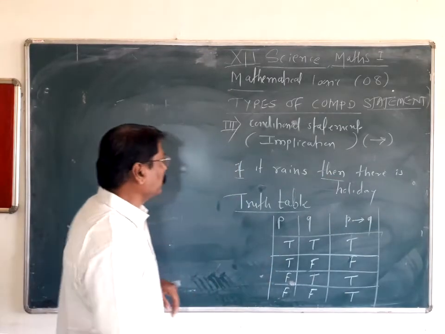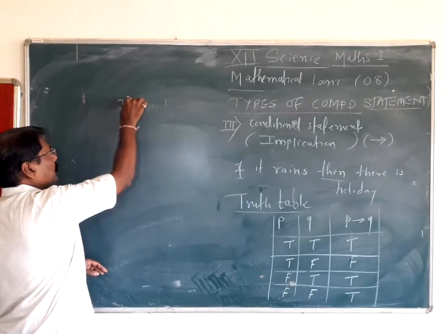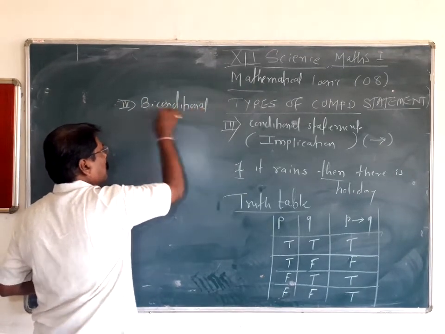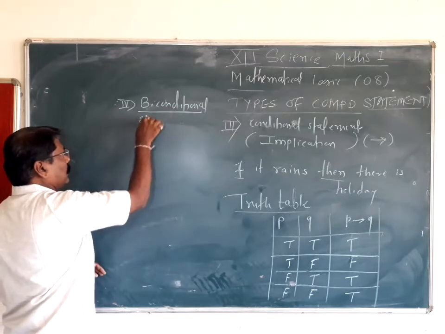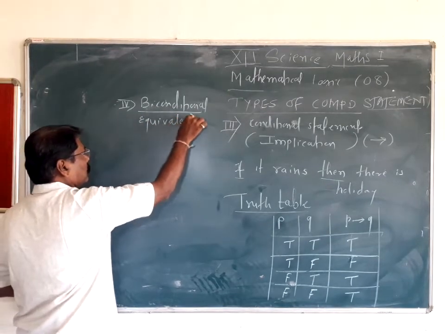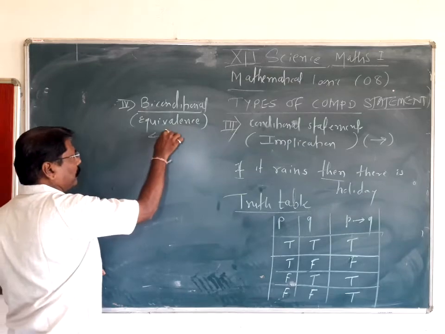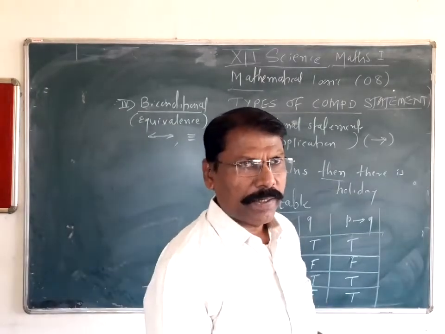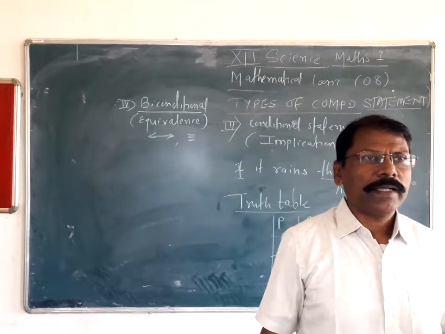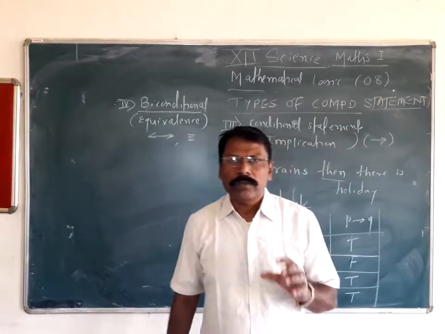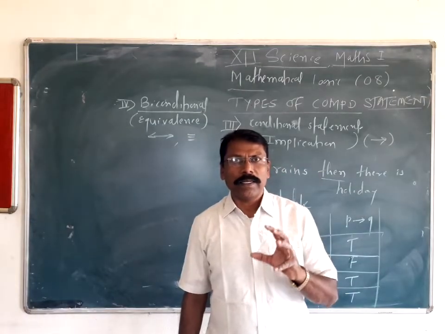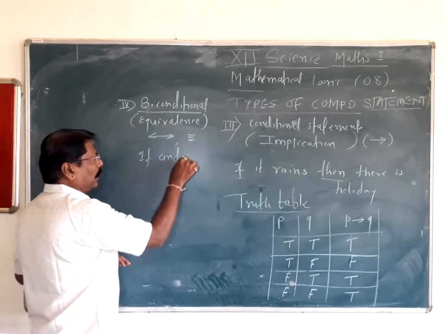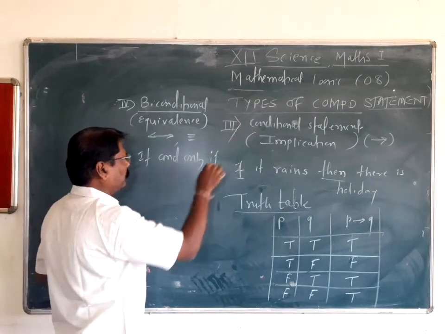Now the fourth, that is biconditional, or it is called equivalence. It is represented by a double-sided arrow or three lines. It is a compound statement which is obtained by the logical connective if and only if.